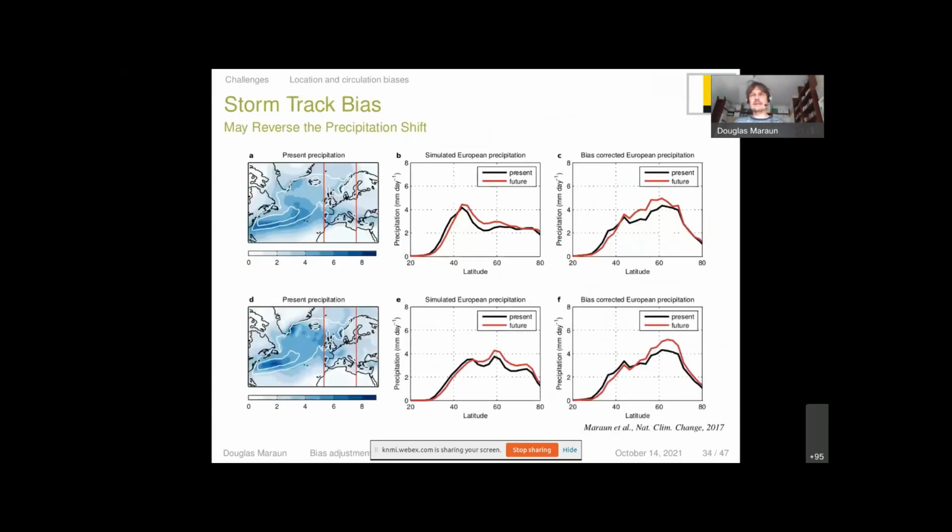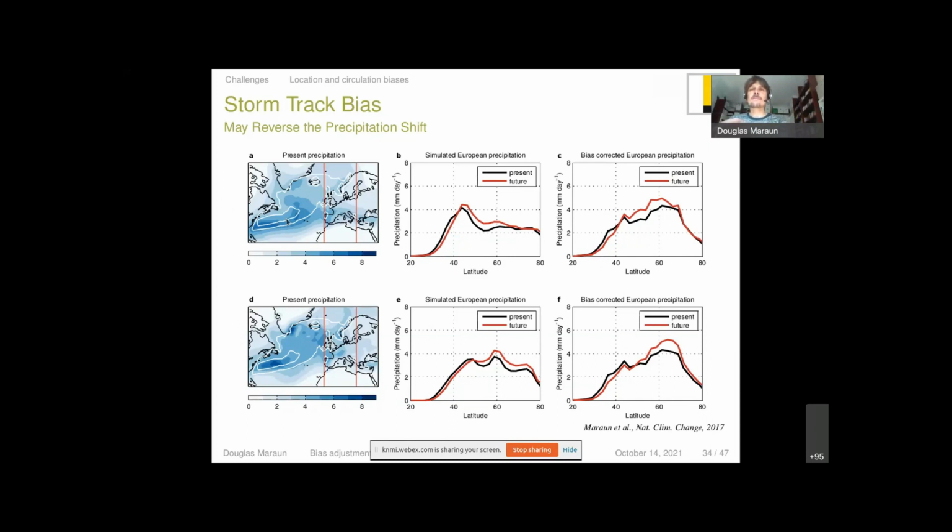Okay. Another issue is you can get unrealistic climate change signals, or let's say even physically implausible ones. So here we have two different GCMs, one on the top, I don't tell you which one this is, and here at the bottom I tell you, because it's the model of our hosts, it's the EC-Earth model.